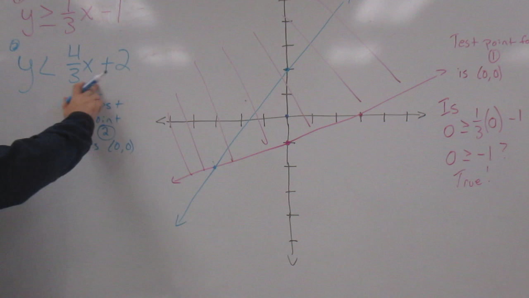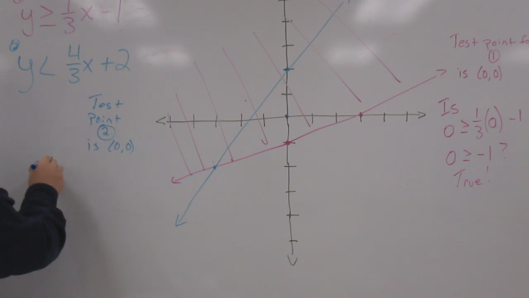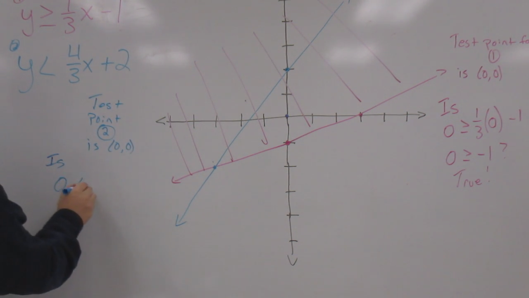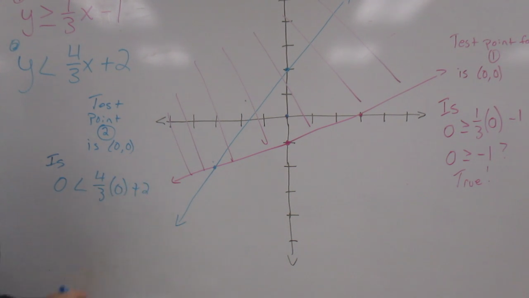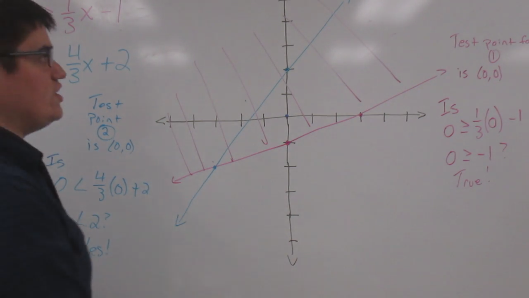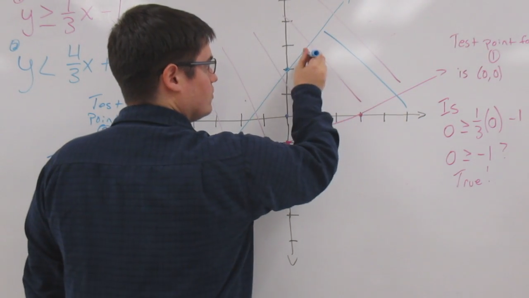And then we substitute that into our inequality here. So is 0 less than 4/3 times 0 plus 2? So is 0 less than 2? Yes. That is true. So then I shade towards 0.